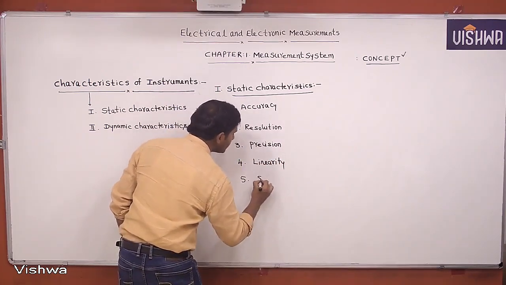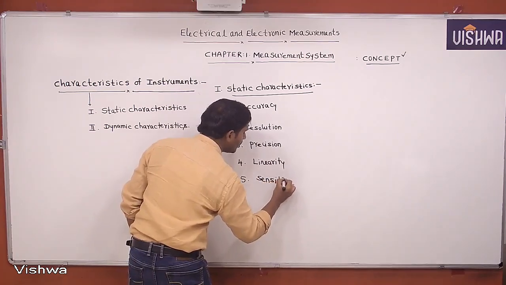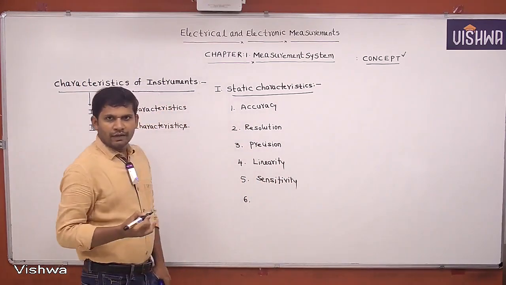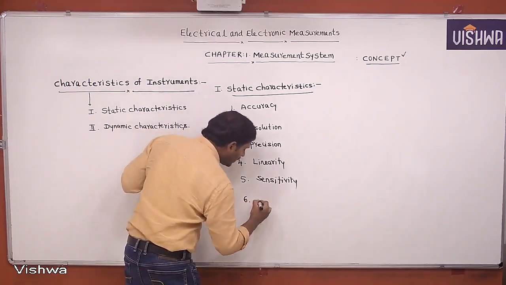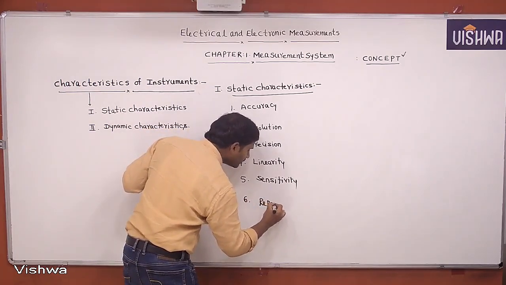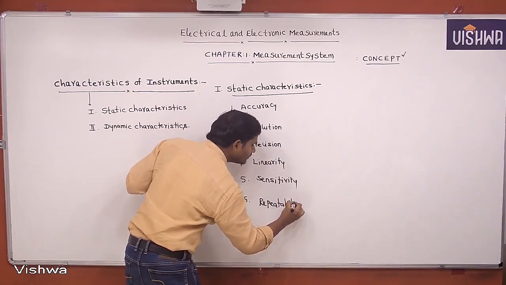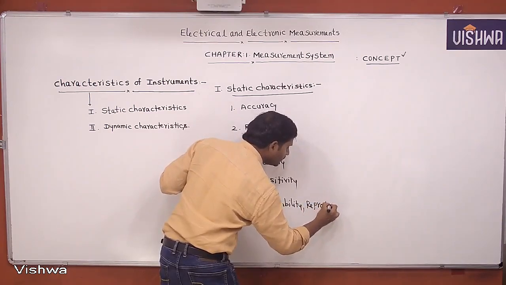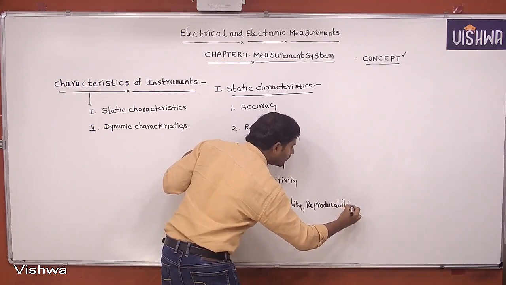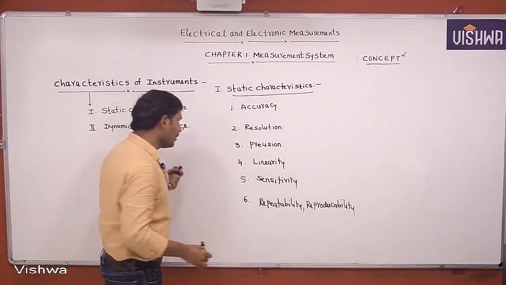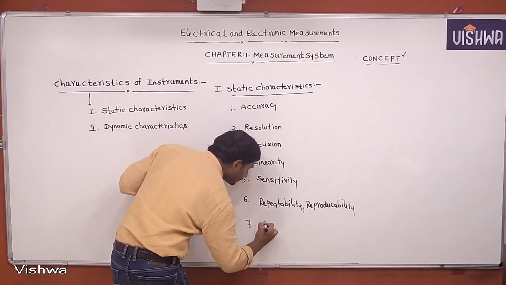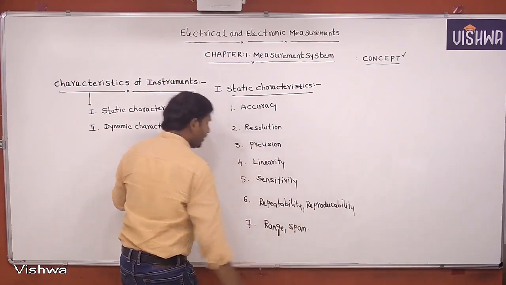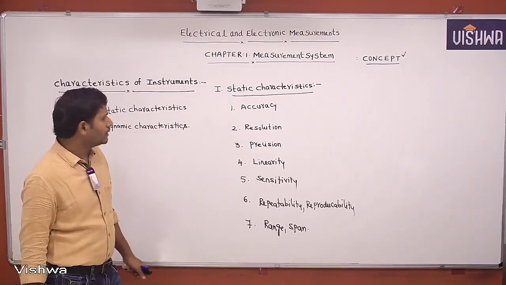Another one is sensitivity. Then another characteristic is repeatability and reproducibility, repeatability of instrument and reproducibility of instrument. Then one more characteristic is range and span, range of instrument and span of instrument.